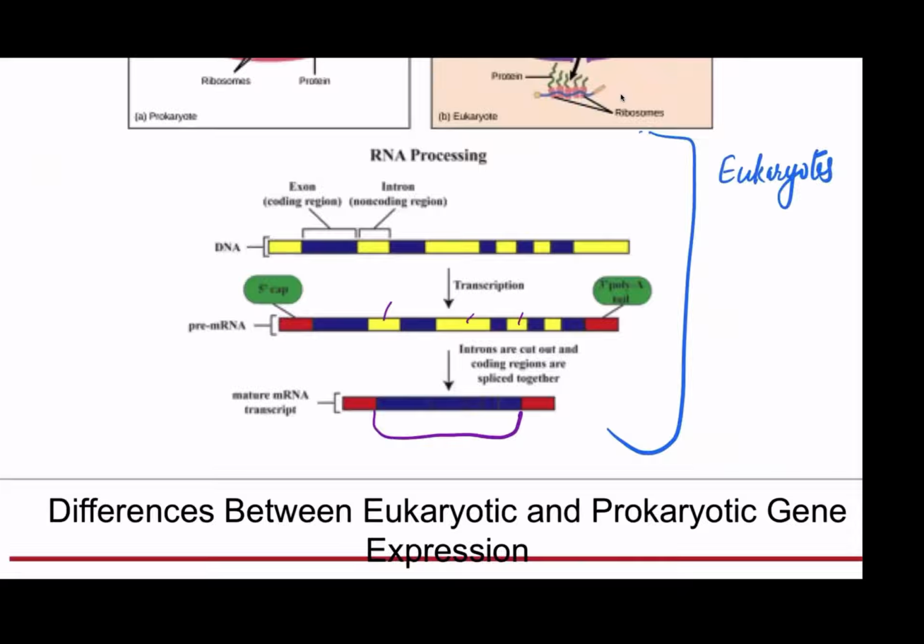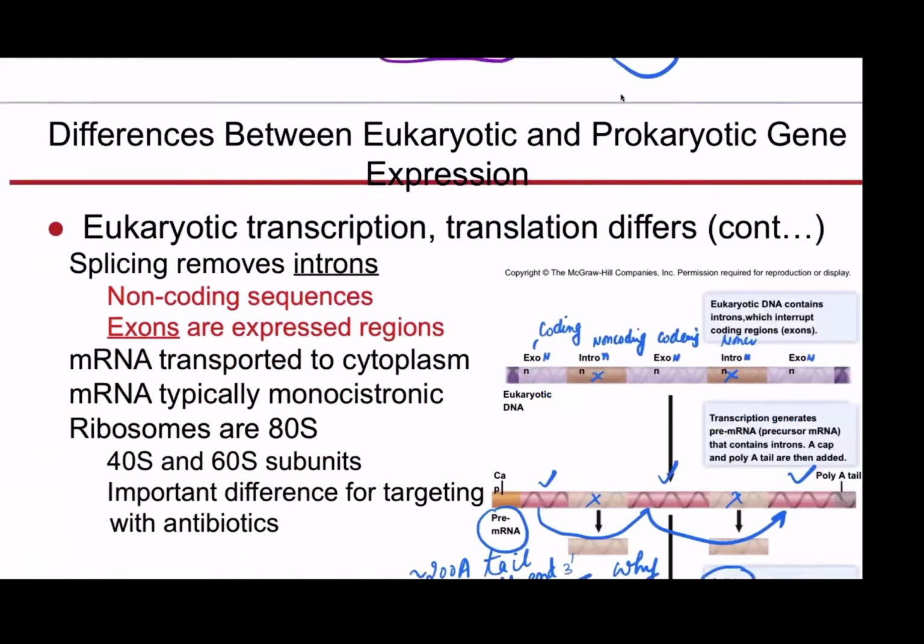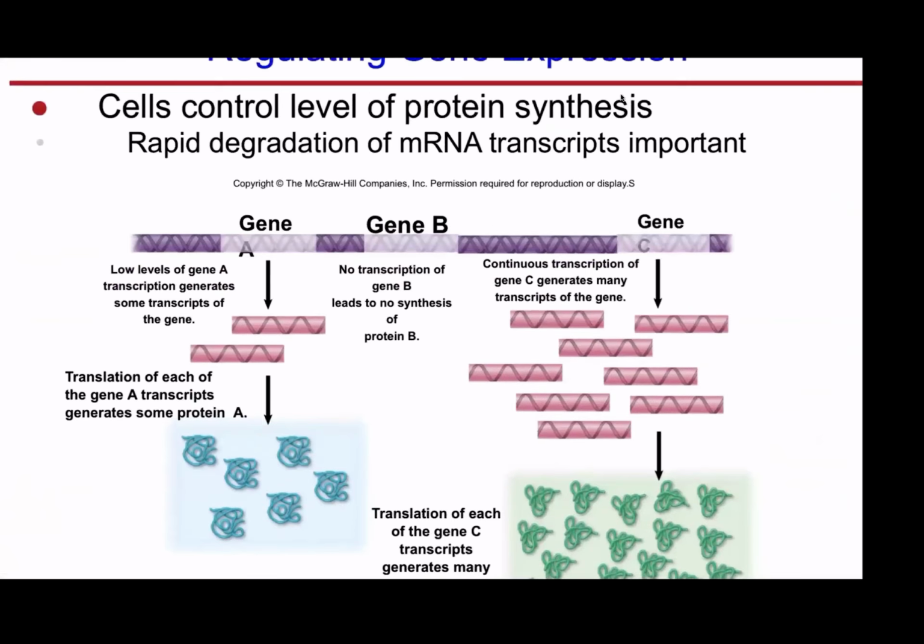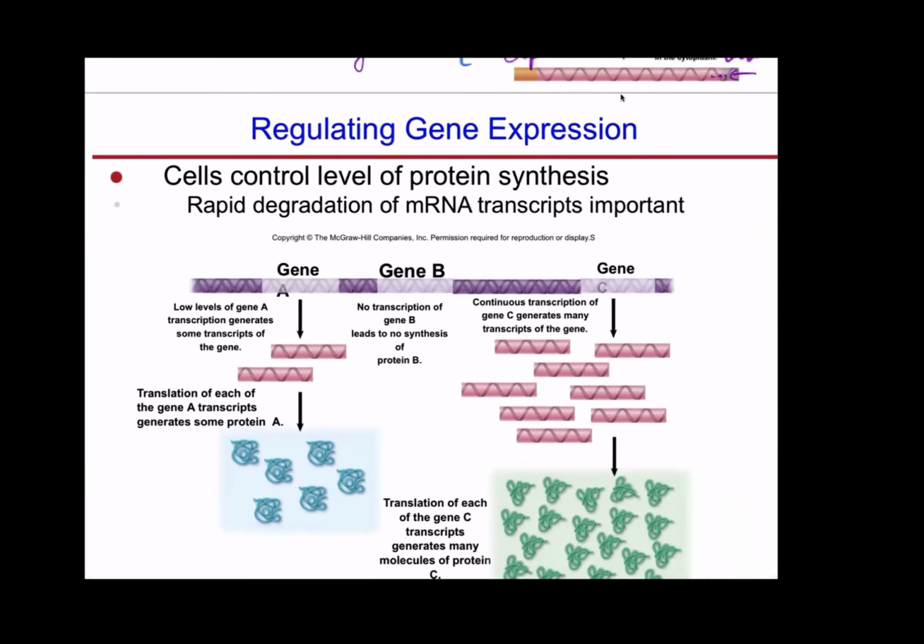Bacteria don't have any processing tools to do that, and neither do they have introns in their DNA. All right, so that's the translation process. All right, do you guys want a break?